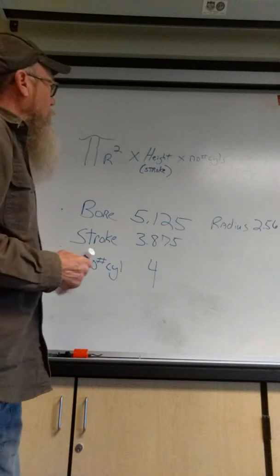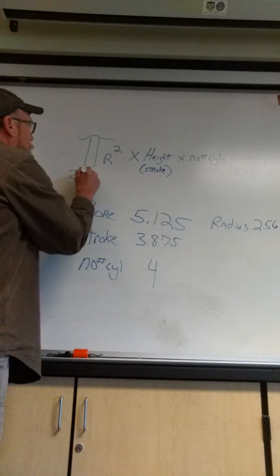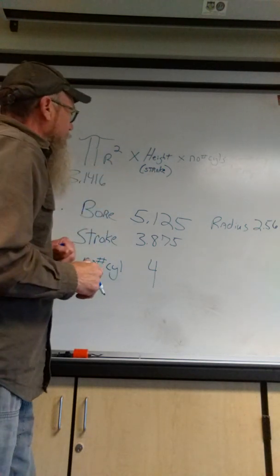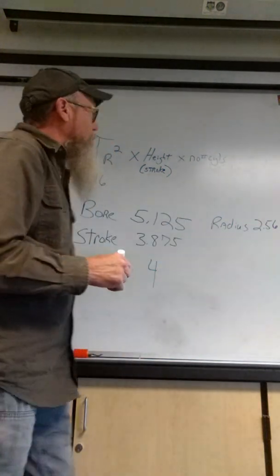Okay, so in order to plug the numbers into this formula, we've got pi, which I use 3.1416, and then they want radius squared. So the radius of 5.125 works out to be 2.5625.